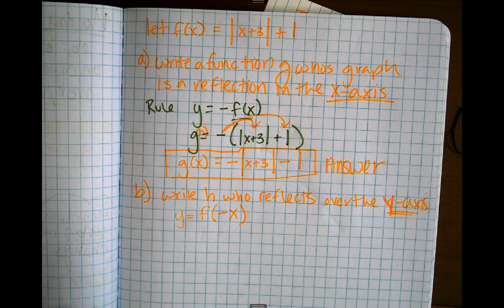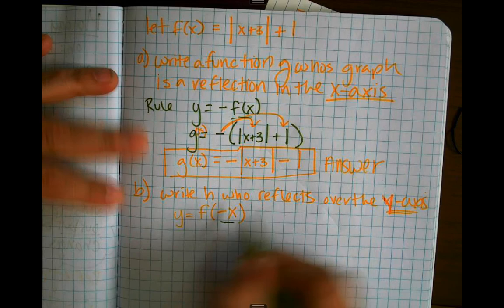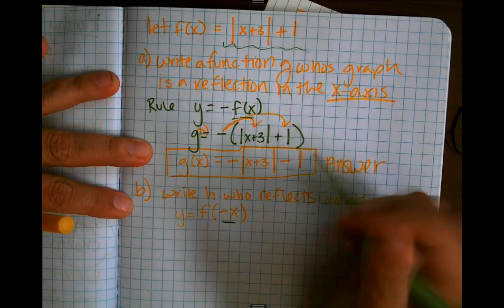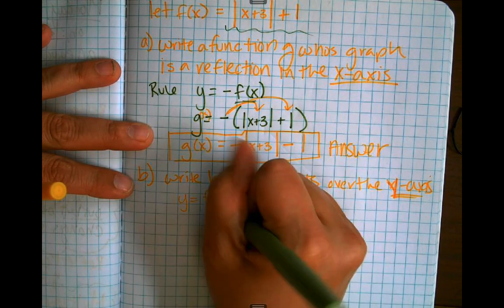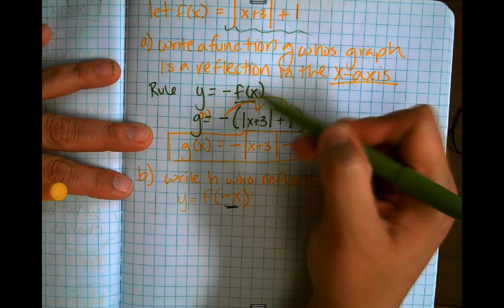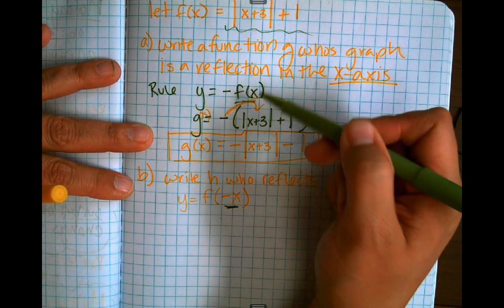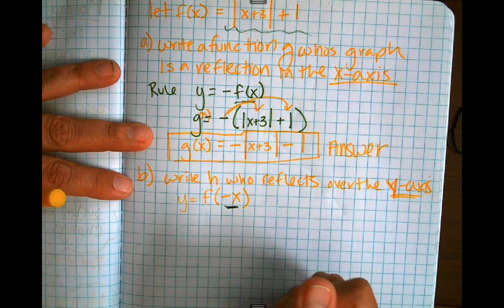So now everywhere I see x in my original function, I'm going to replace it with a negative x, because we're substituting in this value. Up here we didn't do that because x was x. There was no change to our original. But here it says we need to replace it with a negative x.